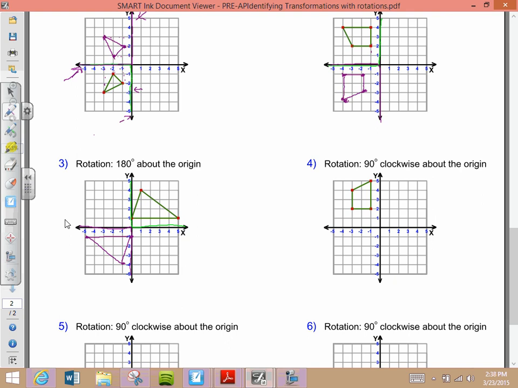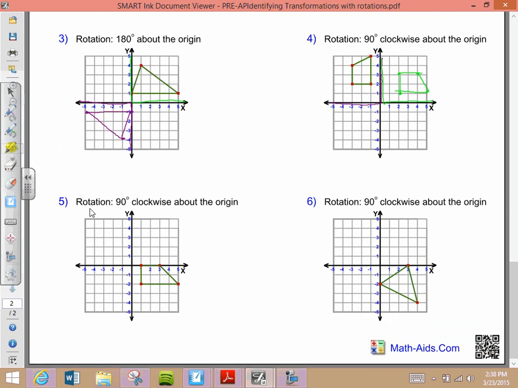Number 4, you're rotating clockwise about the origin. So if you're right here, you must end up right here, right? This is 1 away from 2, 1 away from 6, 3 away from 2, and 3 away from 4. Remember that he has to turn every time, like if you were marching.